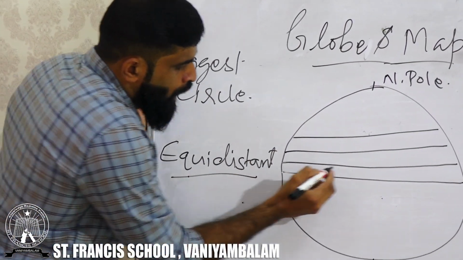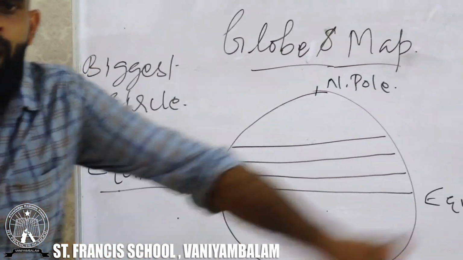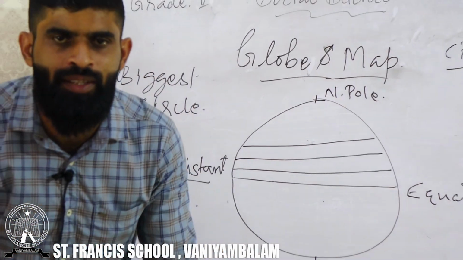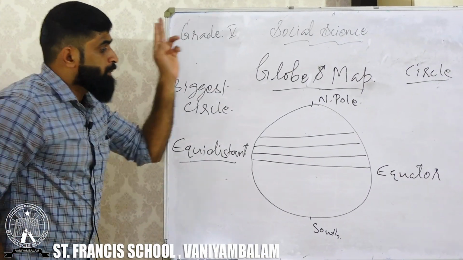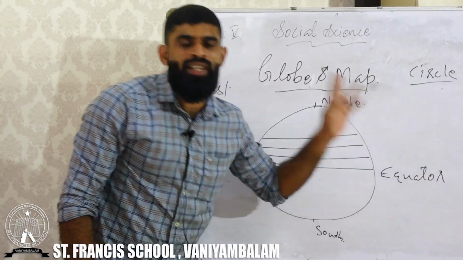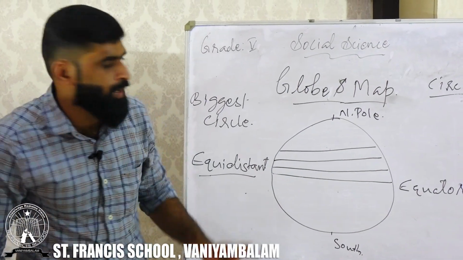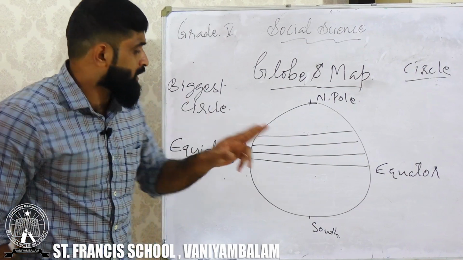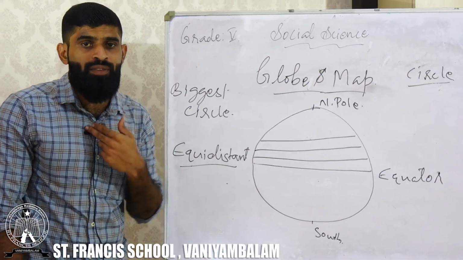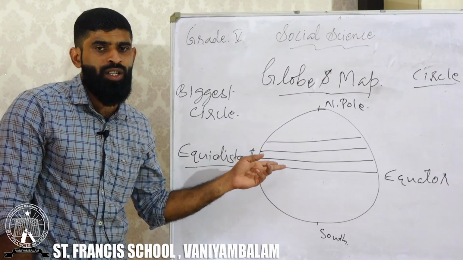Equidistant means all the parallels do not have the same size and length. Which is the biggest parallel, the biggest circle? The equator is the biggest parallel or circle. Many other latitudes or parallels are there on the earth's surface, made for our convenience. They are not natural.